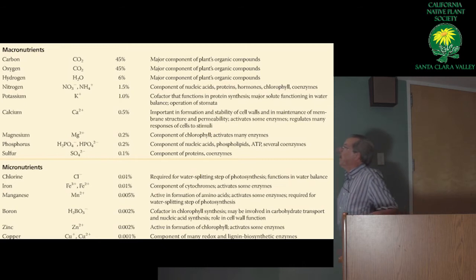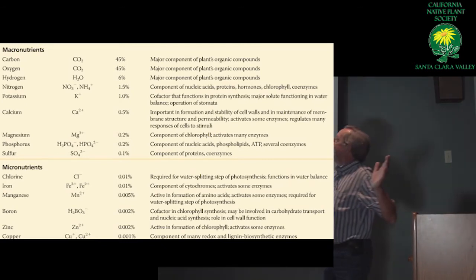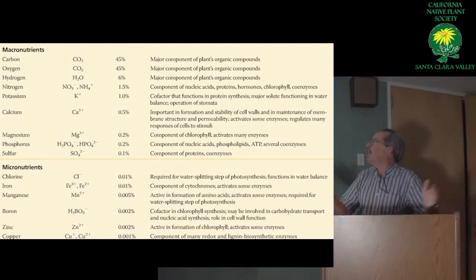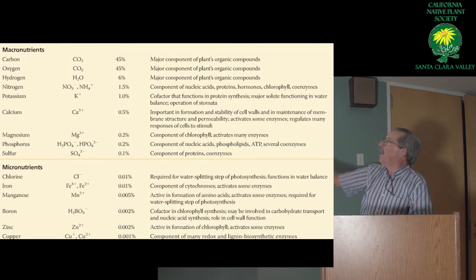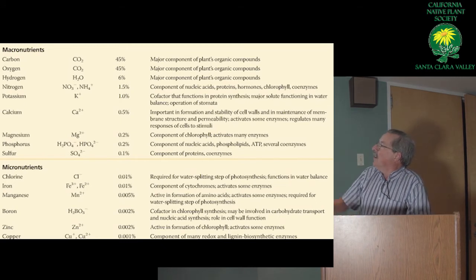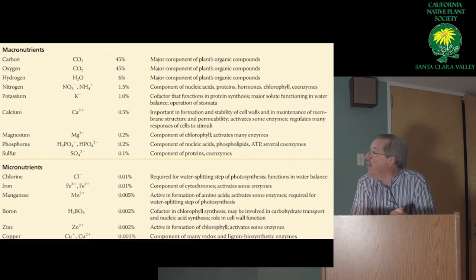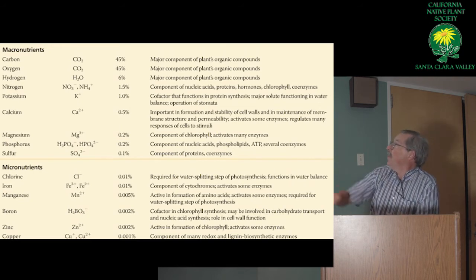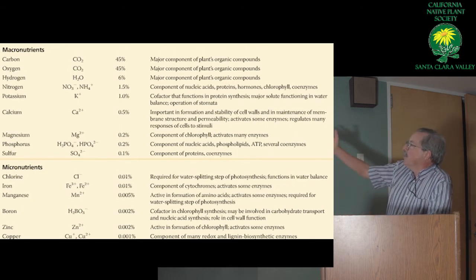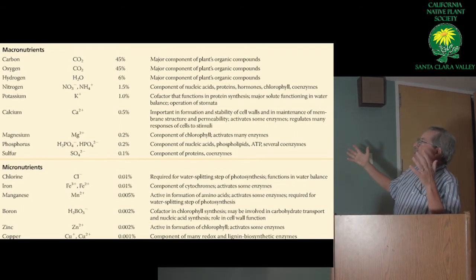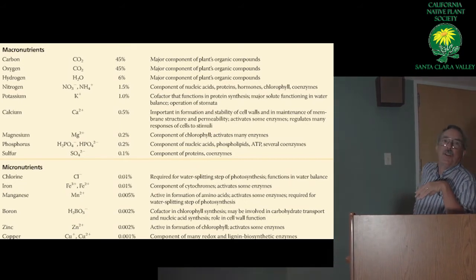Here's what they do. Of course, carbon, oxygen, and hydrogen make up the major components. You don't get a sugar or a carbohydrate or a wood or any of that without those 3. Nitrogen makes all the proteins. If you don't have proteins, you don't have life. Potassium is what the plant uses to balance its water solute function and even operate its stomata.